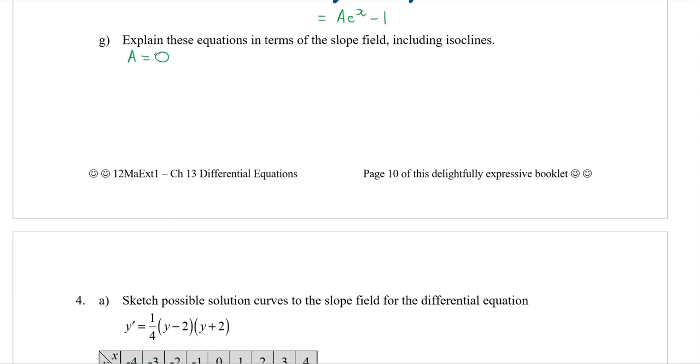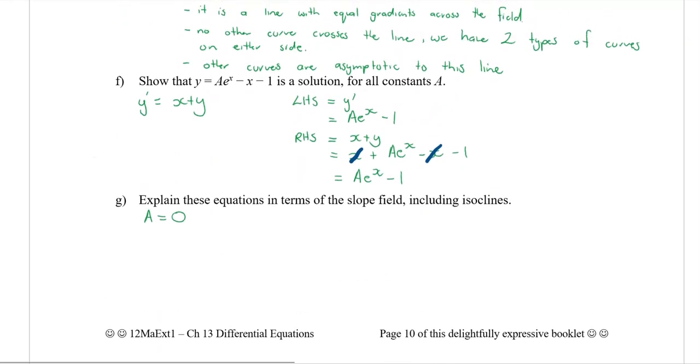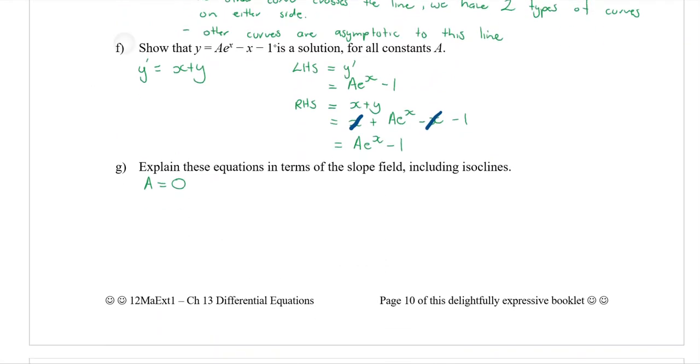Then in the equation y equals a e to the x minus 1, that whole first term would disappear, and I would just have the isocline y equals minus x minus 1. That equation looks familiar. That was one of the lines that we drew on our slope field.